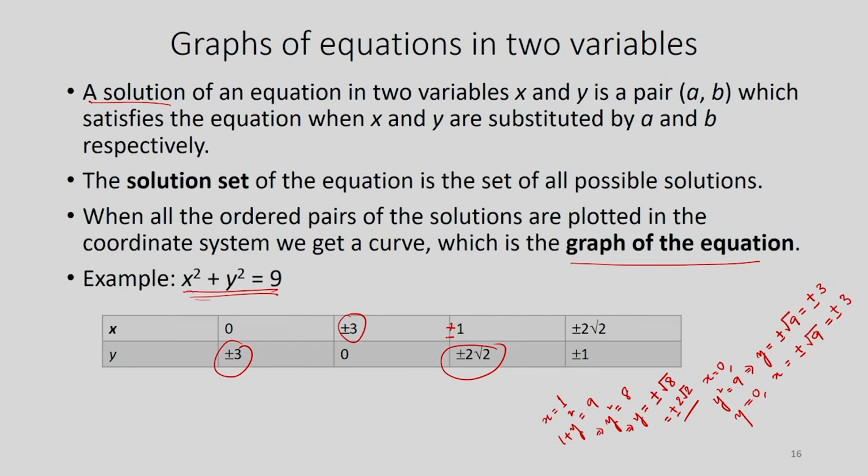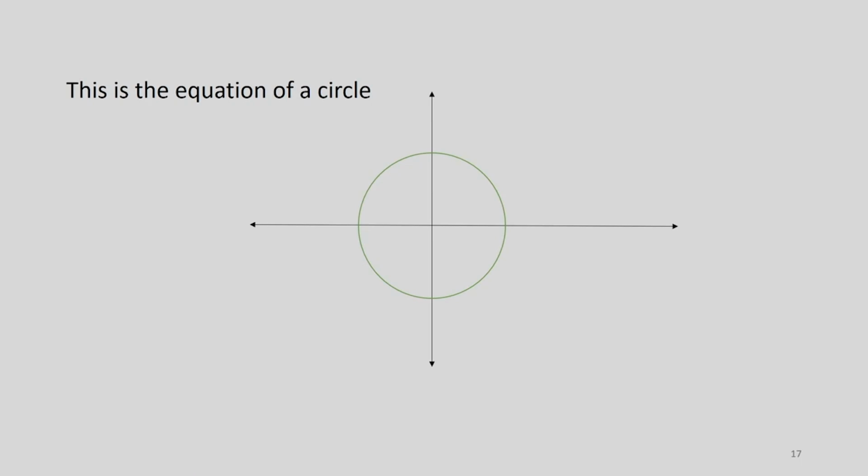So, you are getting these solutions also with respect to plus 1, you are getting two solutions of y, with respect to minus 1 value of x, you get plus 2 root 2 and minus 2 root 2 as the values of y. Alright, so you are getting 4 from this particular column, and here also you are getting 4 solutions. And if you plot all of them, what you are going to get is a circle.